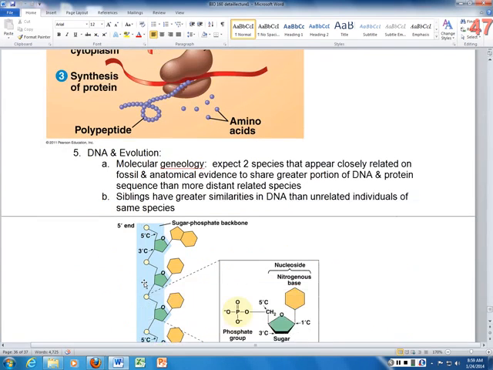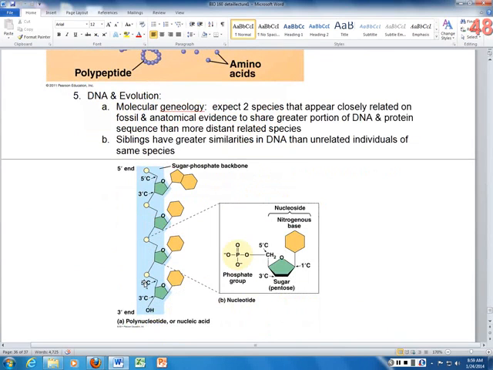So with the DNA, when you did that one thing in the evolution worksheets, it had you comparing these sequences of amino acids in different species. What you find is siblings have greater similarities in DNA than other unrelated individuals of the same species.